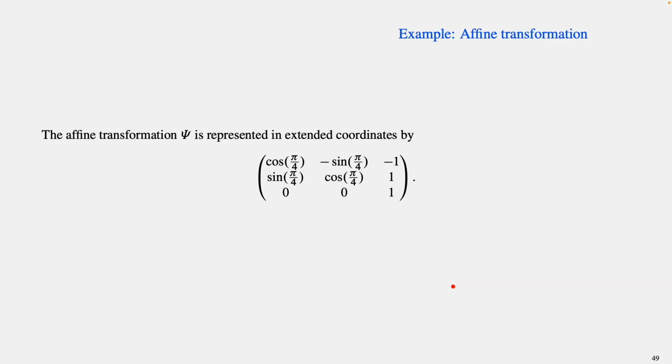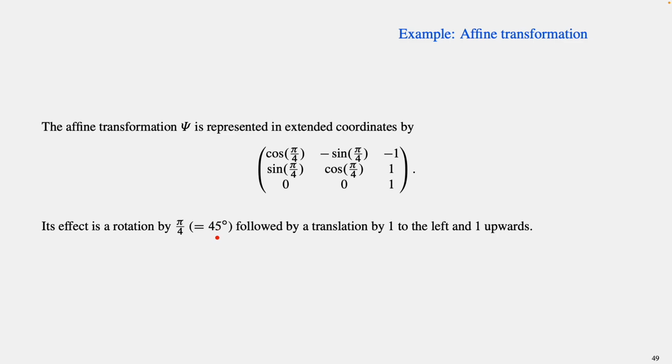Let's look at a concrete example. If we have an affine transformation psi represented in extended coordinates by this 3x3 matrix here, you see here the upper left block, that's a rotation matrix by angle pi/4, so that's a 45-degree rotation.